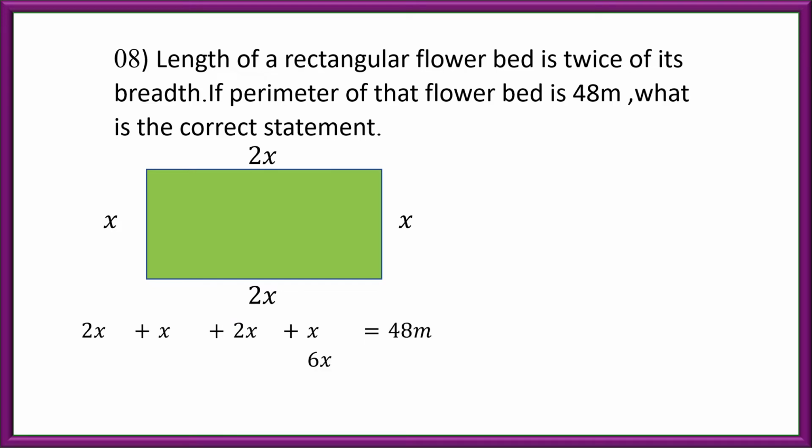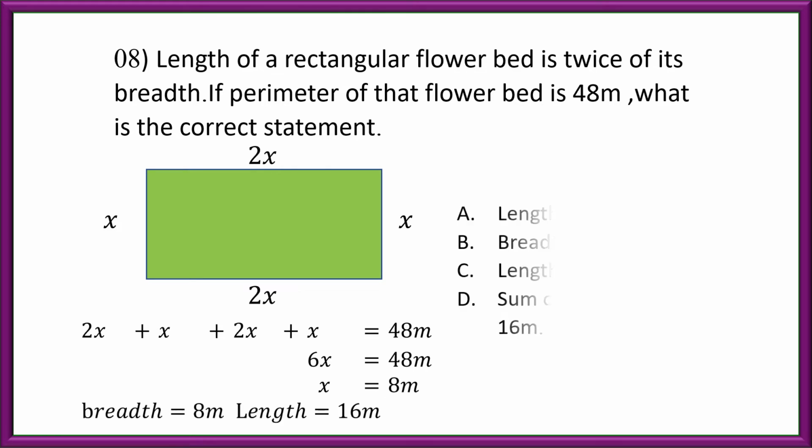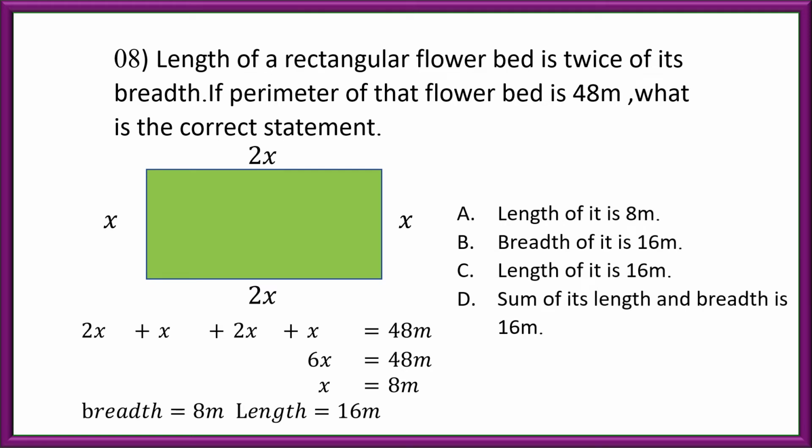After solving this equation, we can find out the breadth of this flower bed is 8 meters. Therefore, the length should be 16 meters. Now let's see the given statements. It is very clear, the third statement gives us the correct answer. The length of it is 16 meters.